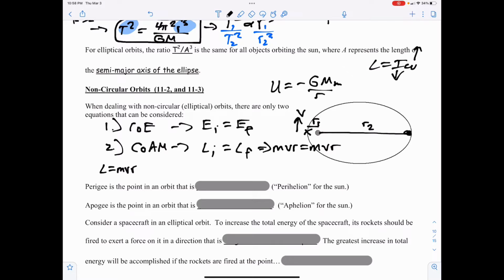Larger radius, tangential velocity is much smaller. Since the mass of the planet never really changed, we just focus on the velocity and radius, and so the equation becomes V1R1 equals V2R2. You're just comparing the velocity and radius at one point in an orbit to the velocity and radius at another point.